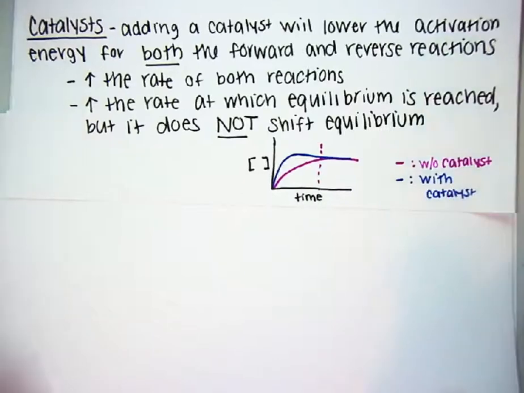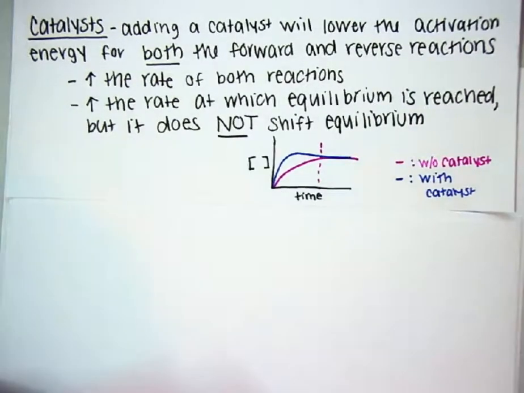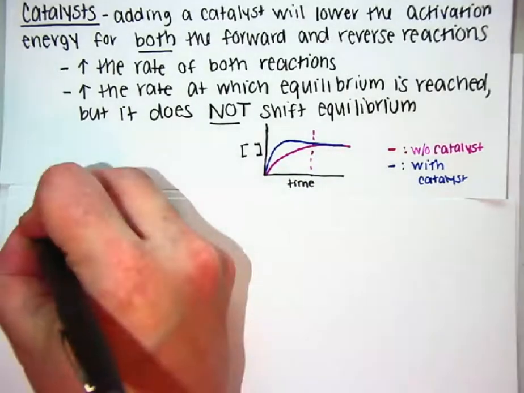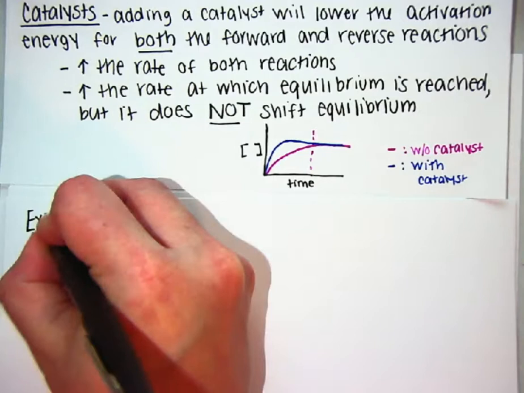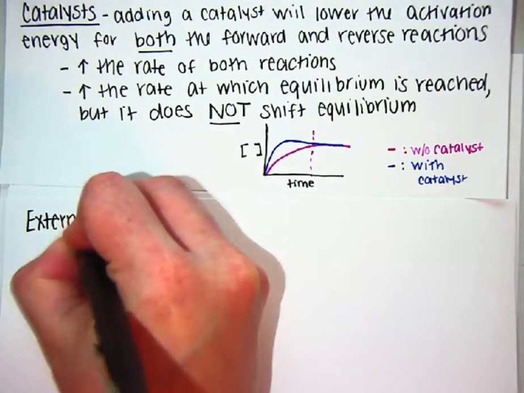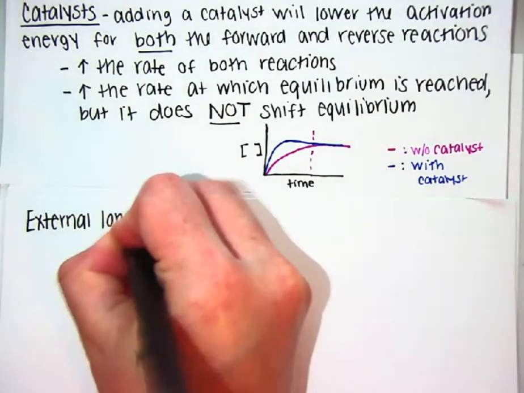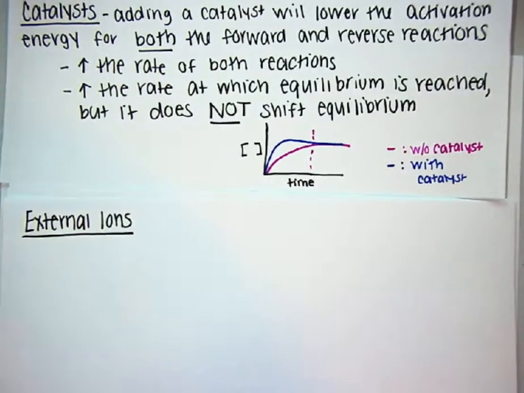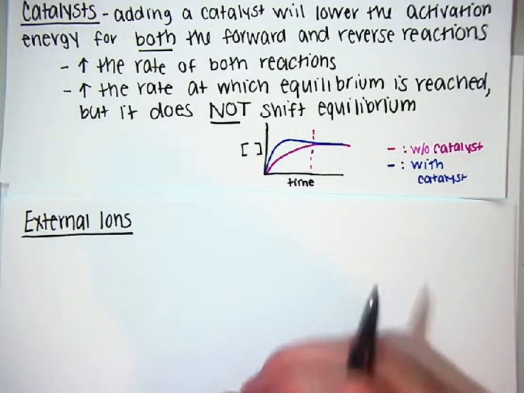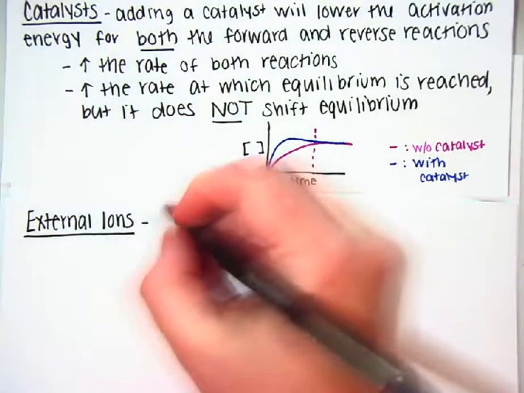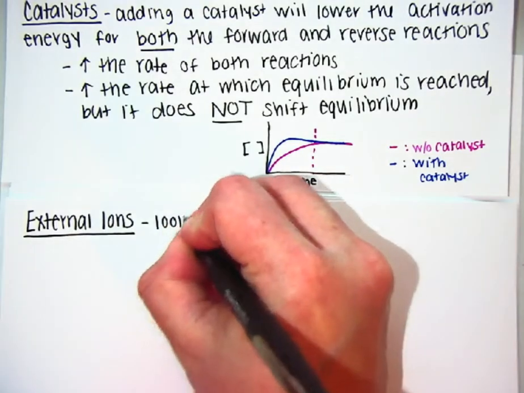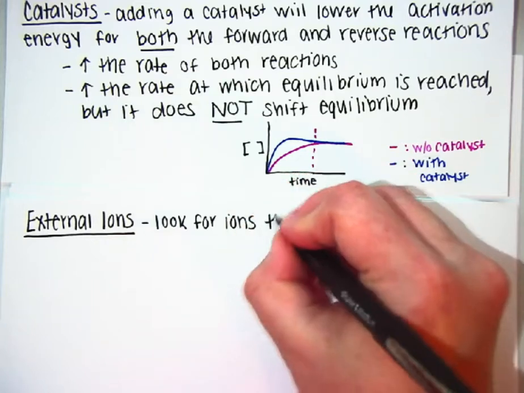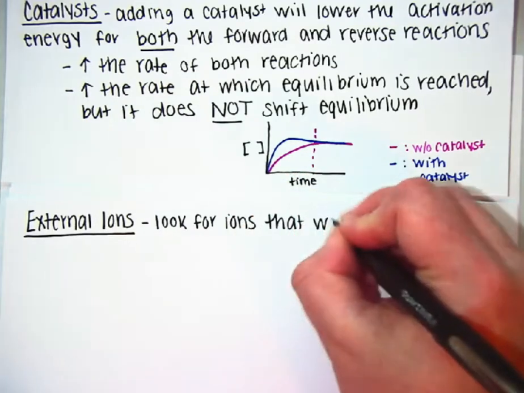All right, lastly, let's talk about external ions. External ions are going to be ions that are not part of the reaction. So what we're going to do is look for ions that want to bond.